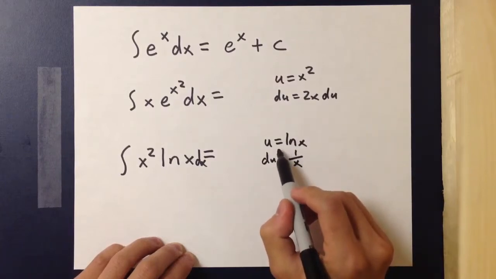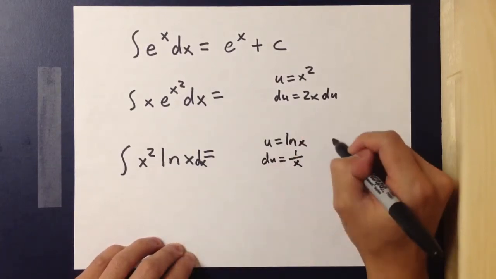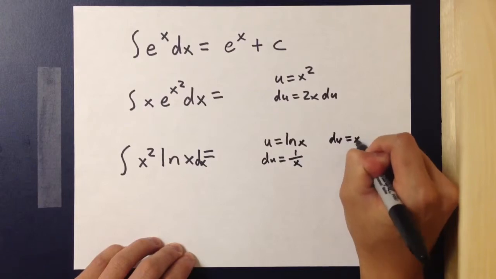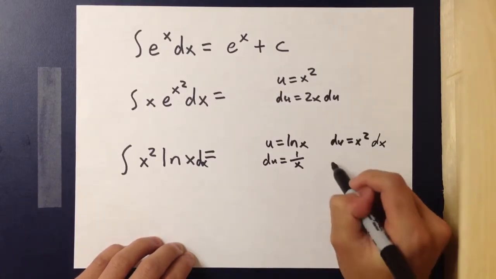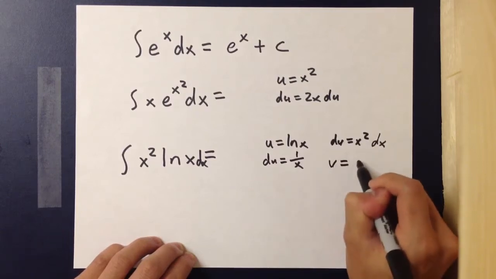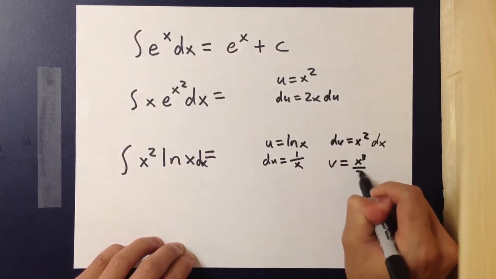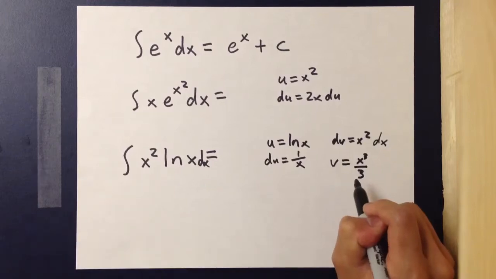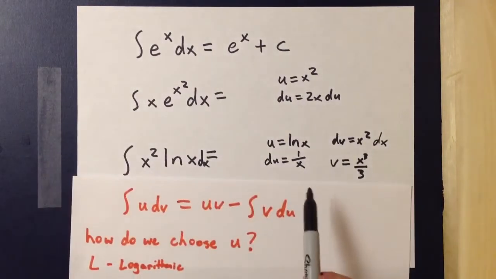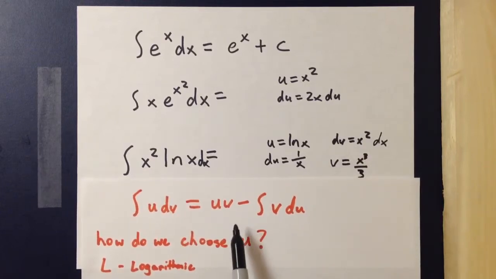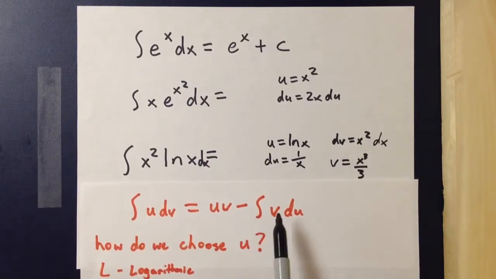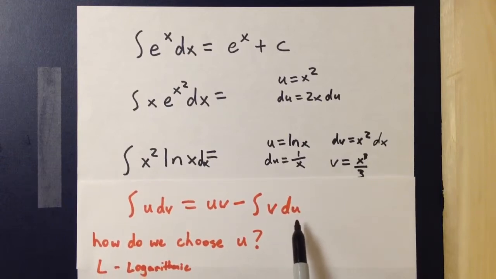And by default, if u is natural log x, dv must be x squared dx. And v would be x cubed over 3. So from there, I got all the parts necessary to solve it through integration by parts: u, v, v again, and then du.